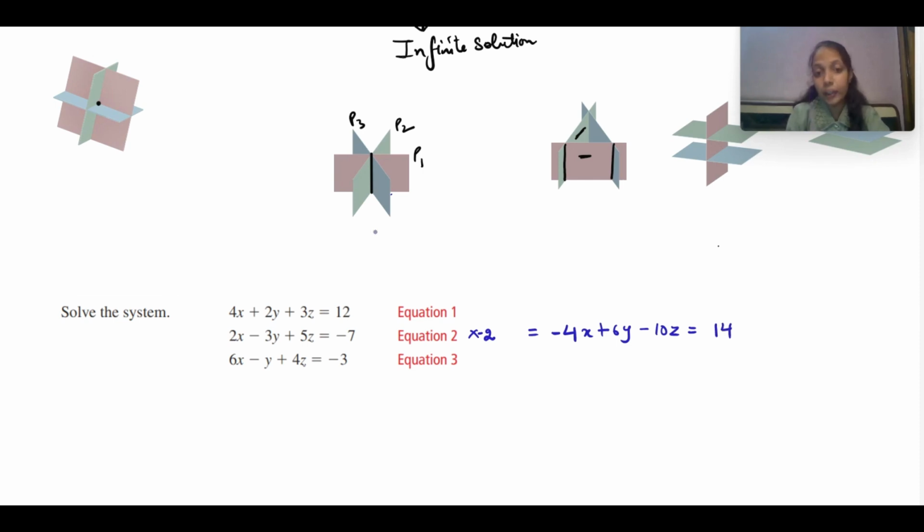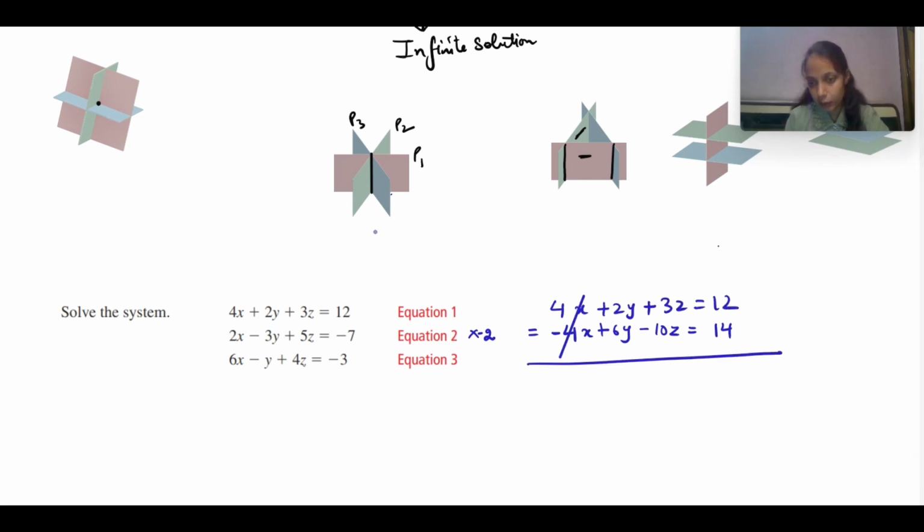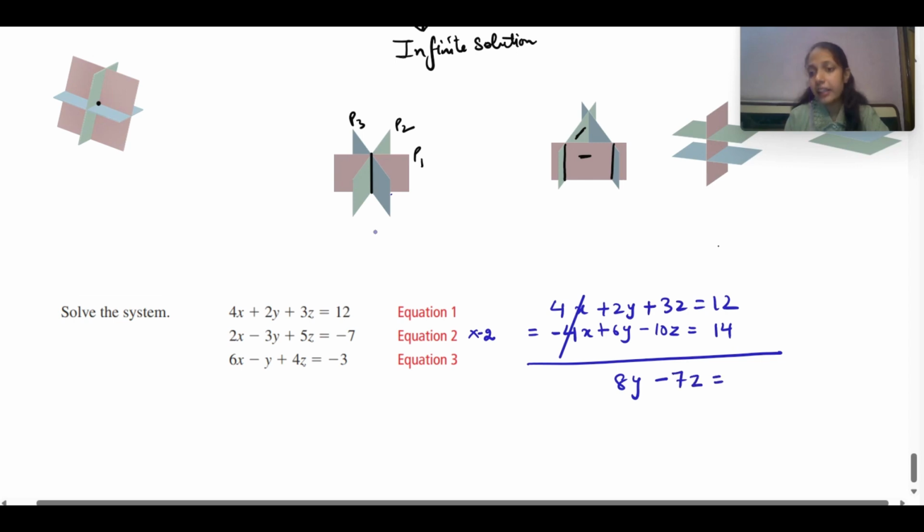Now add equation 1. I am writing equation 1 as it is. So if I add, x becomes 0, it becomes 8y, and this becomes negative 7z equals 26.